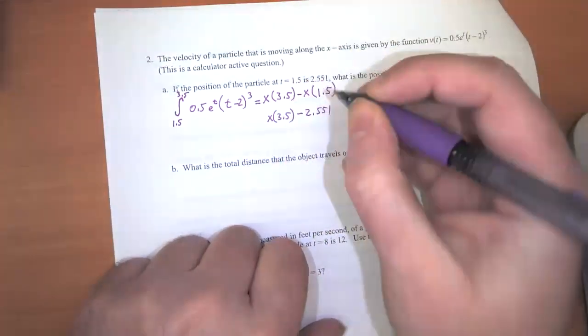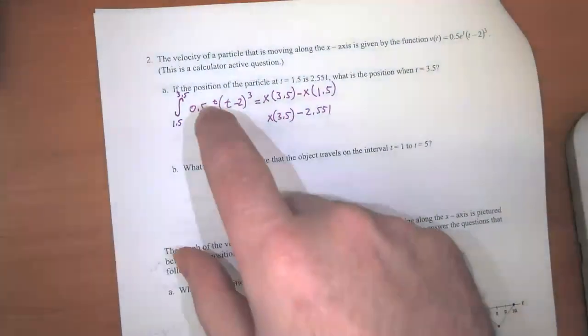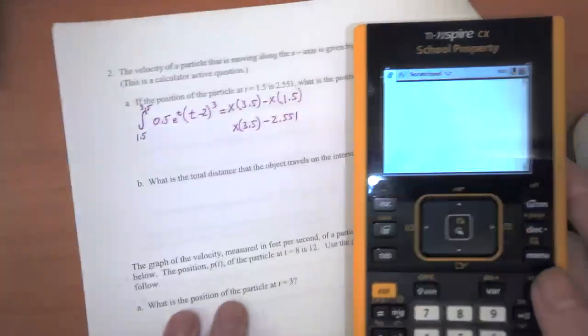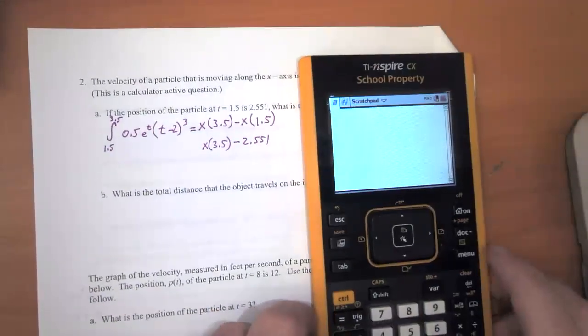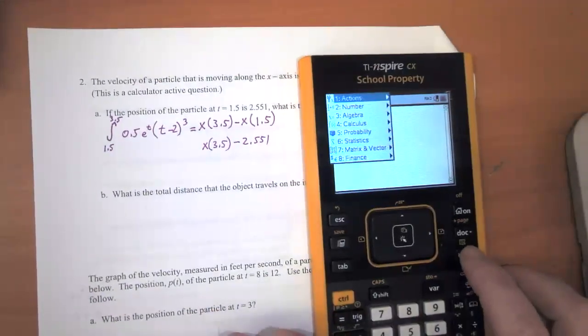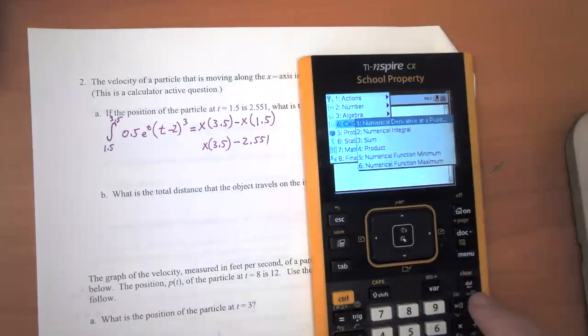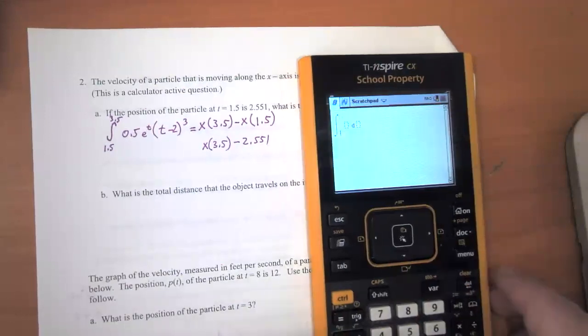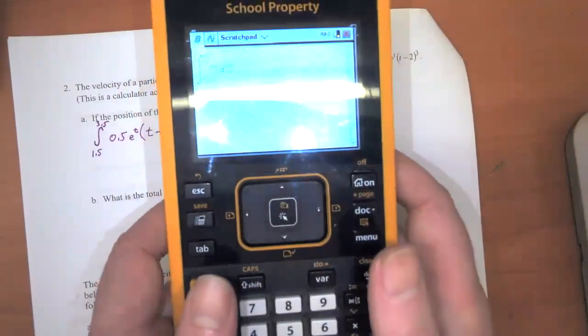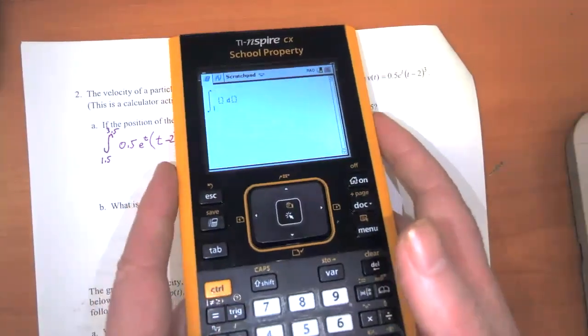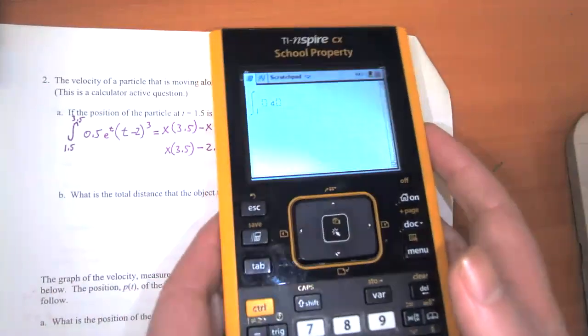And so what's different about this problem is that rather than trying to find an antiderivative, I'm going to use my calculator to calculate this area for us. So menu, calculus, numerical integral. And so they stick all of that in there. Let's see, how can I set this up so that you get the maximum resolution of that?